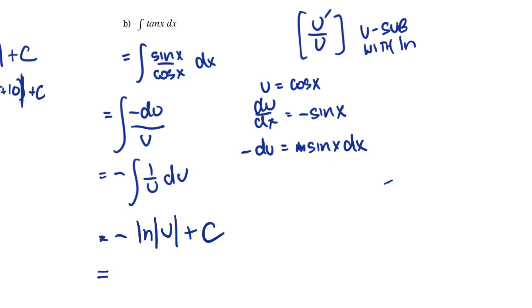If we back substitute for u, it's negative ln absolute value of cos x plus c. There we go. That's not so bad. Now this isn't something you necessarily memorize, that the integral of tan is negative ln cos x plus c, but it isn't that hard to find, as long as you can recognize that we can use u substitution with ln here.